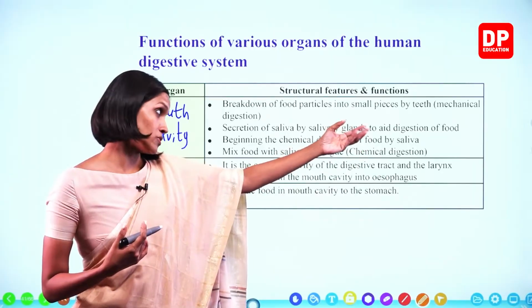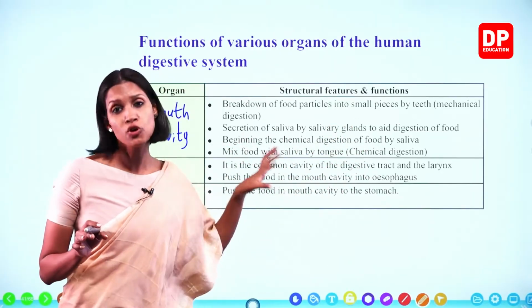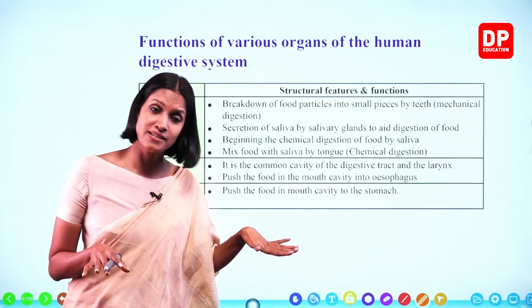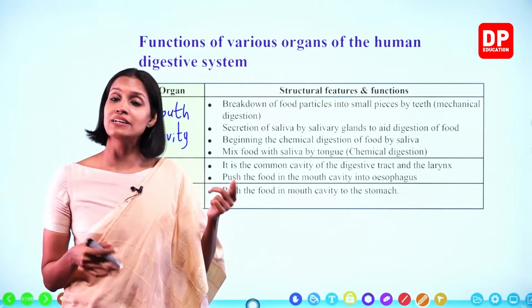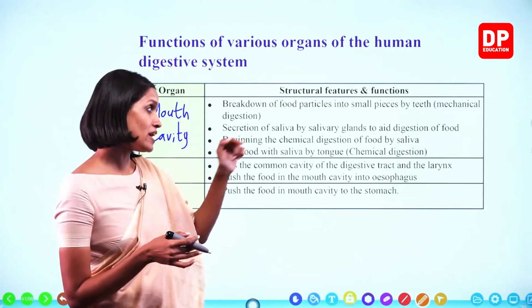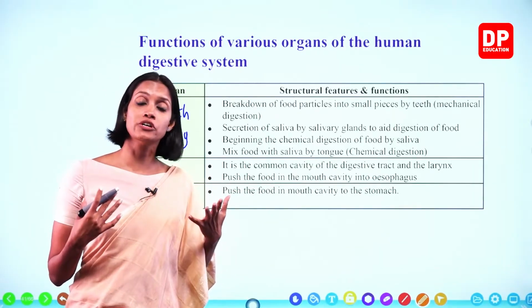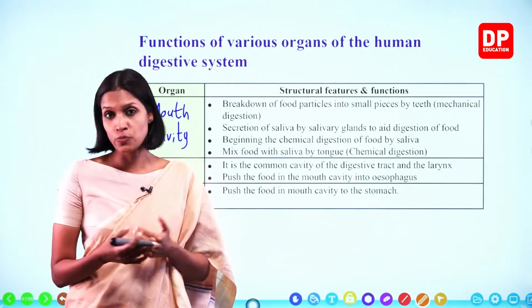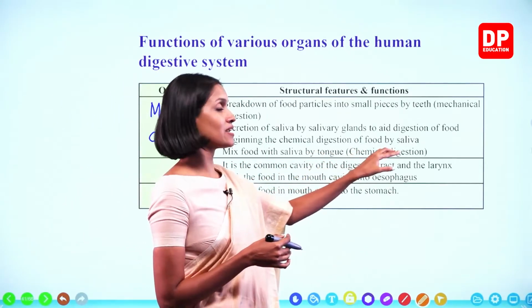Now we all are big children, you don't have to call it the sound box like very small children. The term for the sound box you learned back then is larynx. The larynx has the vocal cords, and because of the vibration of the vocal cords, the vocal sound is produced. Okay? So it is the common cavity of the digestive tract and the larynx.